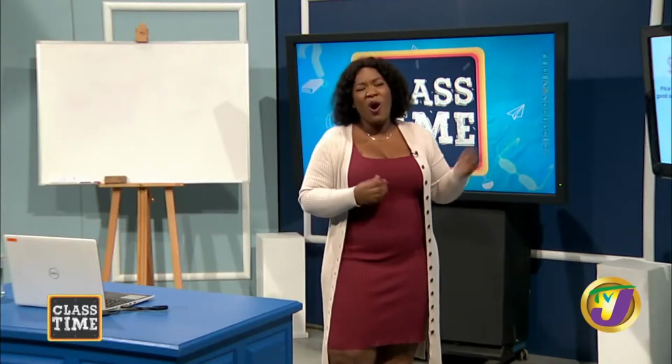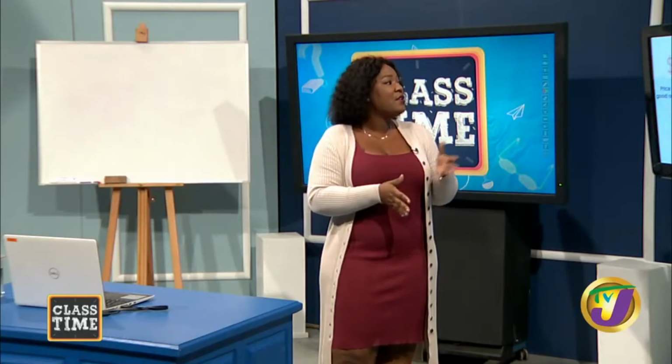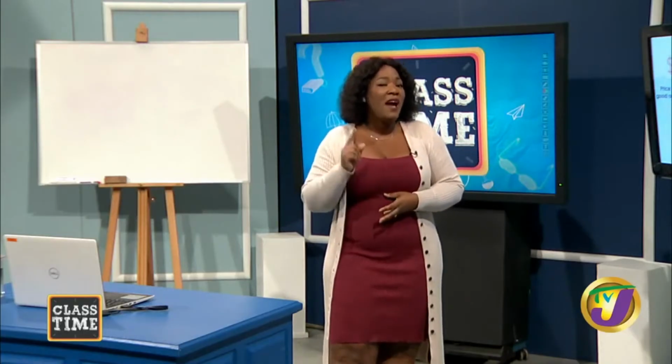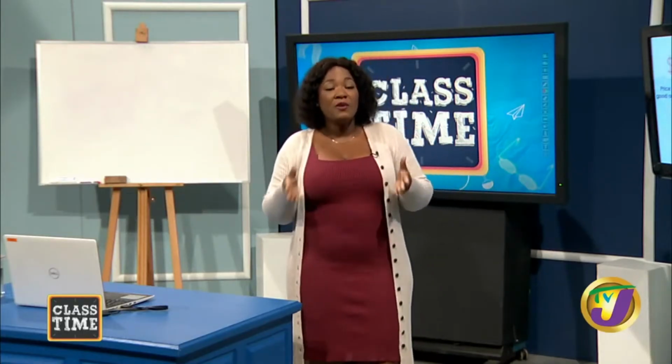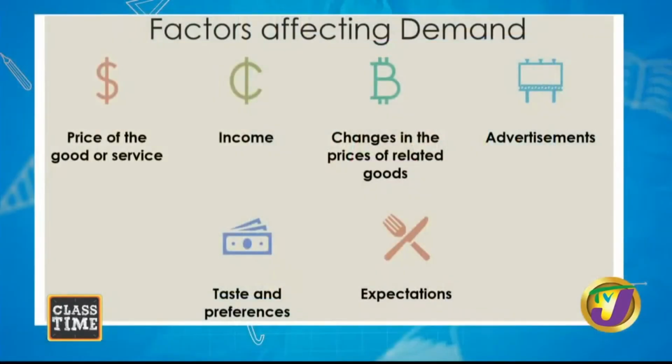Let's look at income. How does your income impact your demand for items? If you have an increase in salary, this would impact basically what you would buy in the market space. So let's say you got $1,000 extra on your salary, right? Instead of buying 5 pounds of chicken, you'd now maybe buy 10 pounds of chicken.